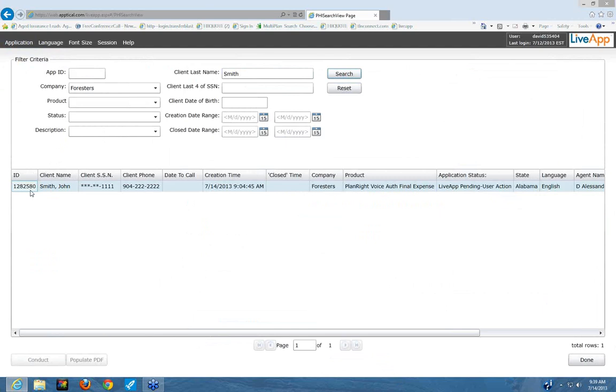But that will be in the packet. That's a different subject, but you want to highlight that with Foresters when selling this product because that ties it in. That keeps the policy on the books. So you want to really highlight that.